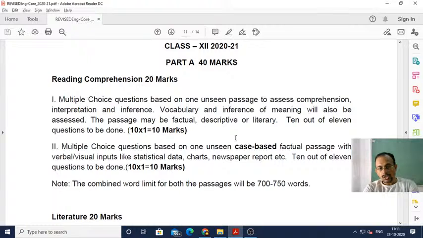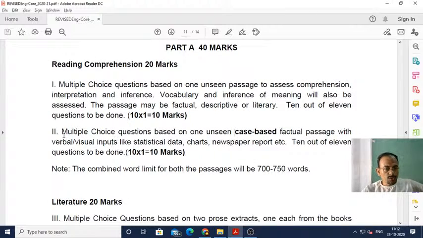So the first passage will be based on either factual or description of an event or a particular topic, or it could be literary, might be a story of different genres. Then out of this passage there will be 11 multiple choice questions, out of which you've got to answer 10 questions.